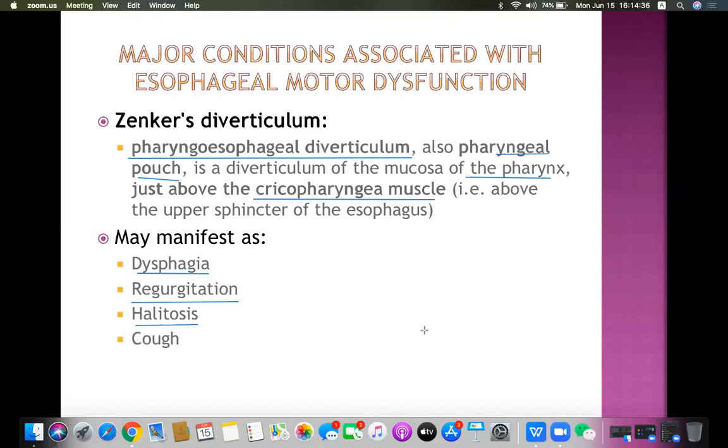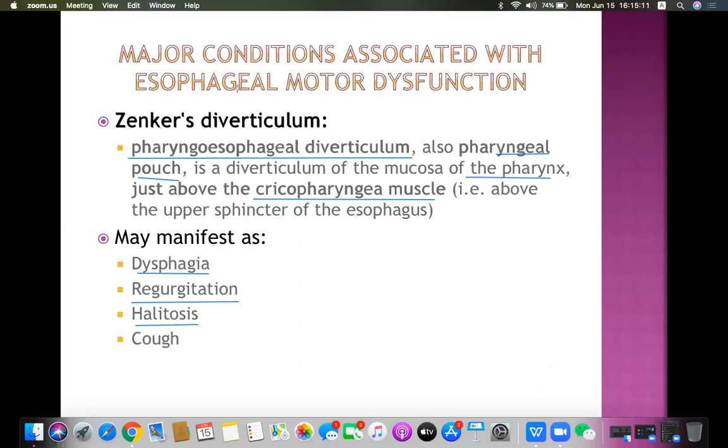This person will have foul-smelling breath because food eaten even 2 to 3 days ago is still accumulated there, and it will be degraded by microorganisms, so there will be foul-smelling gas release. So if a person comes with halitosis, one of the differential diagnoses is pharyngeal pouch. Only one. There are so many other causes.